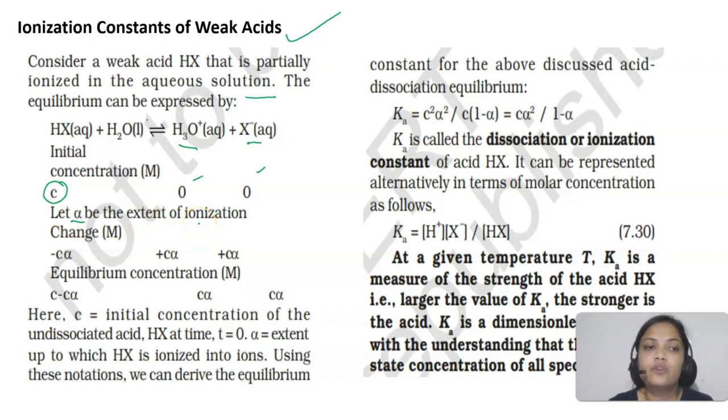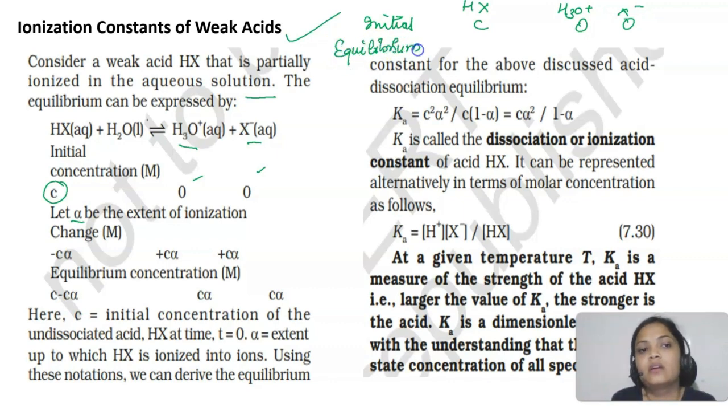If alpha is the extent of ionization, then at equilibrium, see, initially it is C, 0, 0 for the acid and for the ions. And how much is used, let's say the extent of ionization is alpha, so at equilibrium how much will be left: C minus C alpha, and here C alpha and C alpha will be formed.